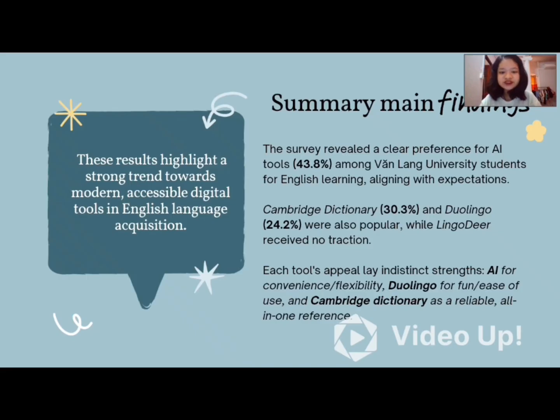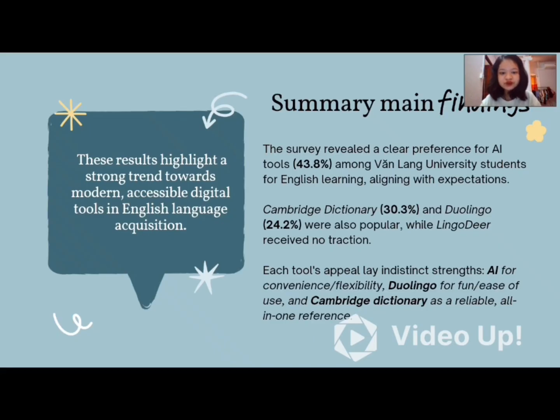Second, Cambridge Dictionary showed 30.3% and Duolingo showed 24.2%, which were also popular, while LingoDeer received no traction.